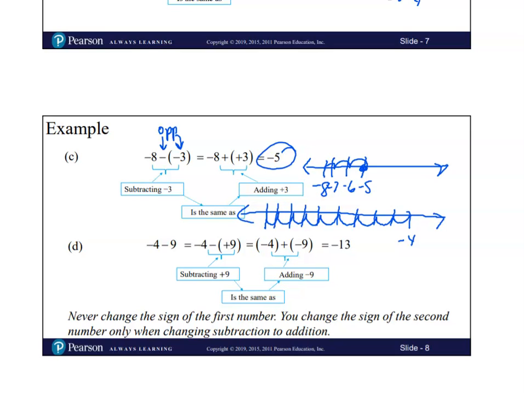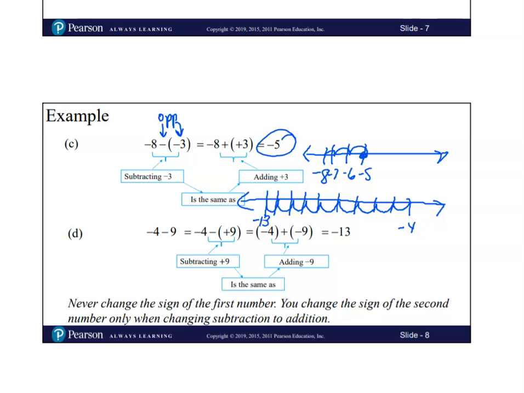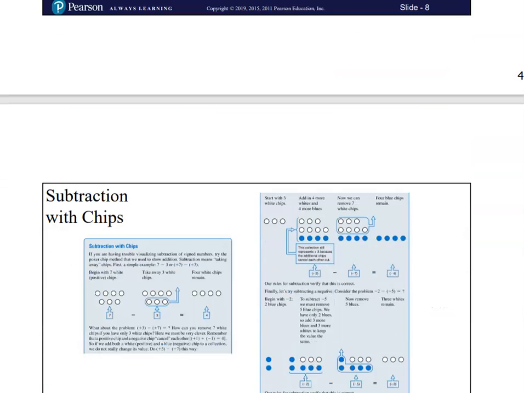So -5, -6, -7, -8, -9, -10, -11, -12, and then we would finally be at -13 if we subtracted 9 and went to the left. Never change the sign of the first number. You change the sign of the second number only when changing subtraction to addition.